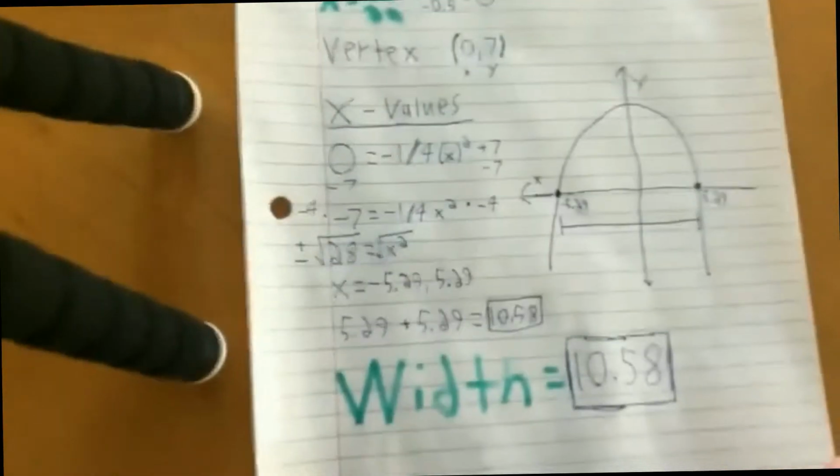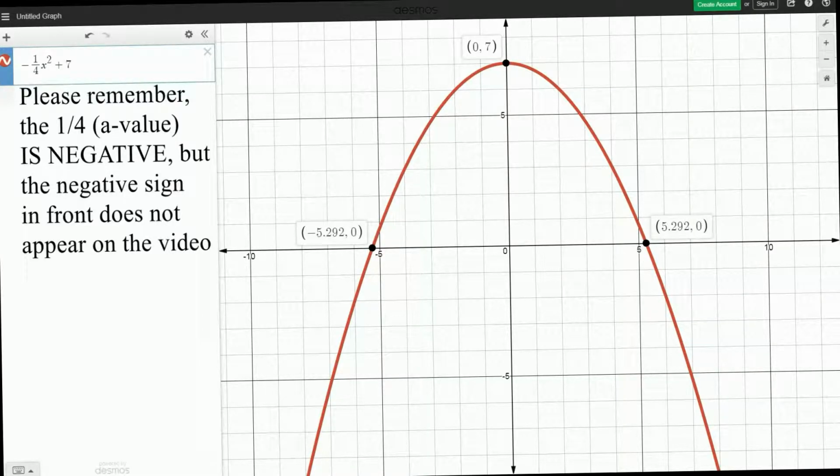So far, so good. There is one thing that I completely spaced on. I did not actually show you guys exactly what the graph looks like. So here we have the parabola itself in all its glory, graphed in Desmos for you, and you can see in the upper left-hand corner our equation, exactly how it looks.